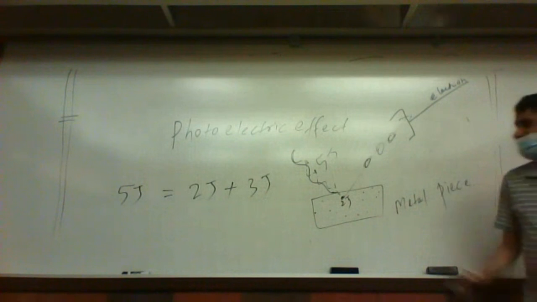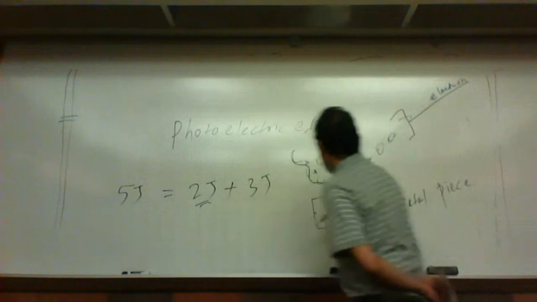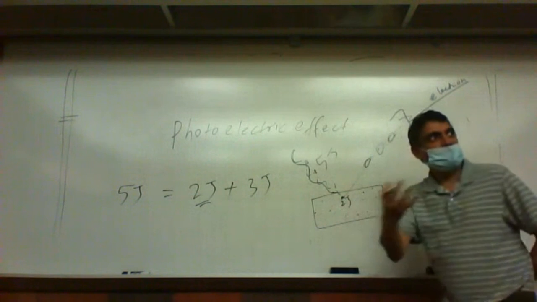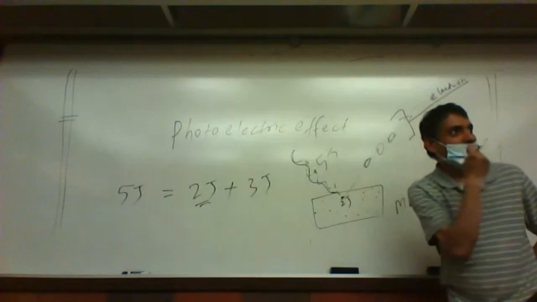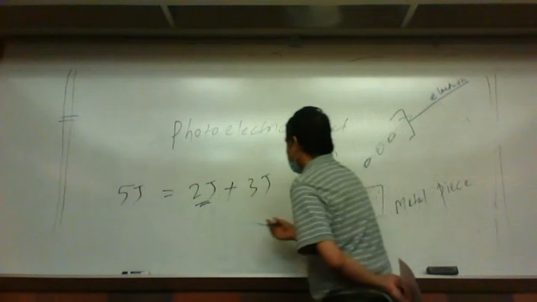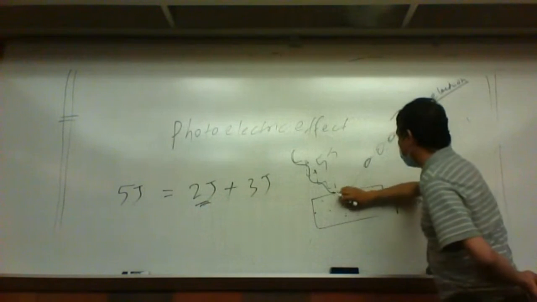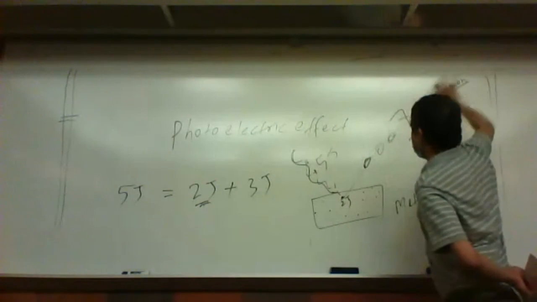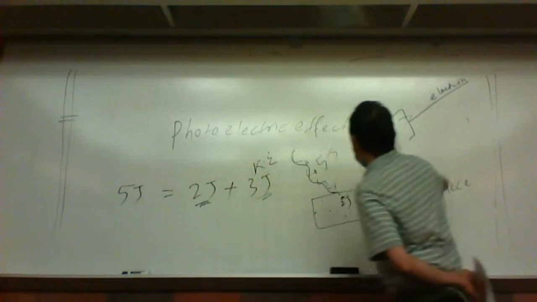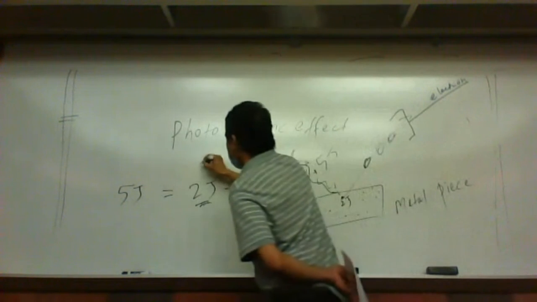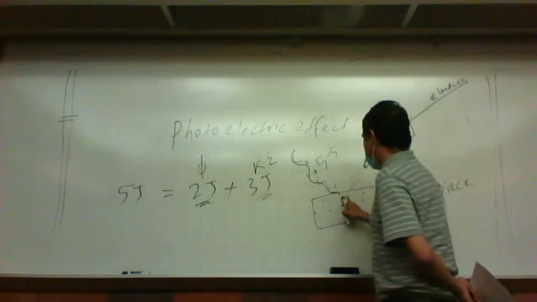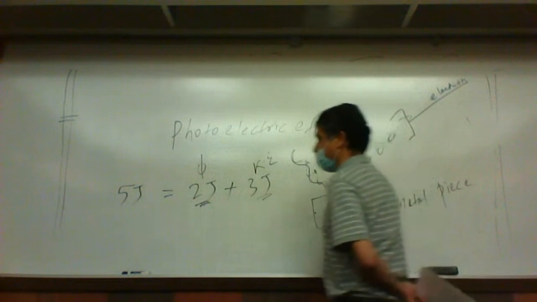Make sense? So this is the minimum amount of energy that we need to remove this electron from here, just to break it off, right? It is tightly bound, so we need to break it with the 2 joules, and then with 3 joules, once it breaks off, this electron moves this way. So this is the kinetic energy of the electron, and this is the work function of that metal, meaning that we need 2 joules just to detach the electron from here.